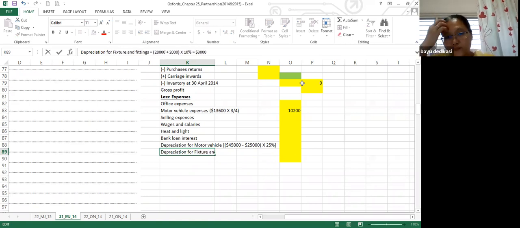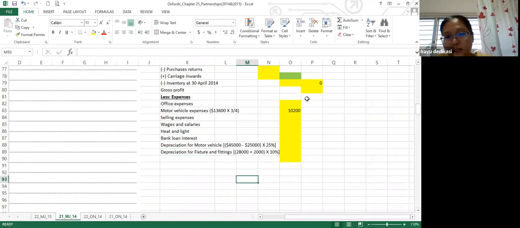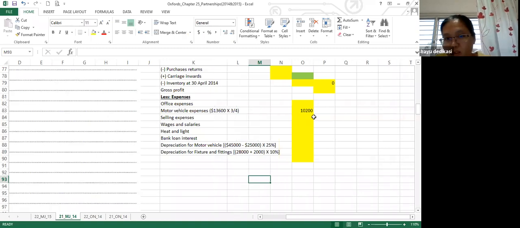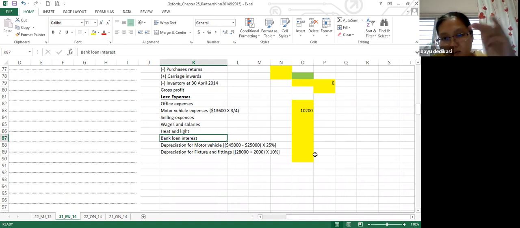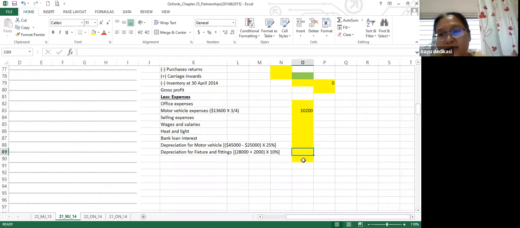Depreciation for fixture and fitting: take this amount times, and show your working beside it or on the next row. Show whatever individual adjustment you need to make beside it in your working, so that at least people know how you got the number. Sometimes it's 2 marks, then you get 2 marks.